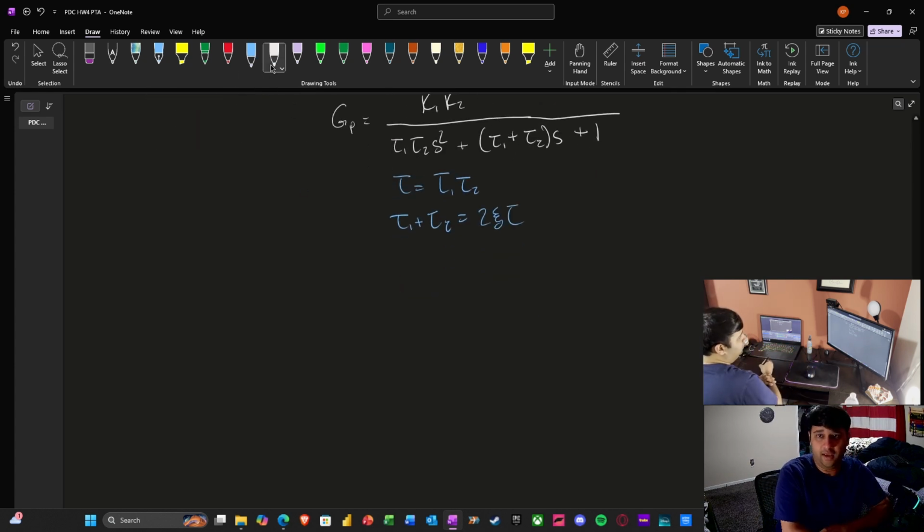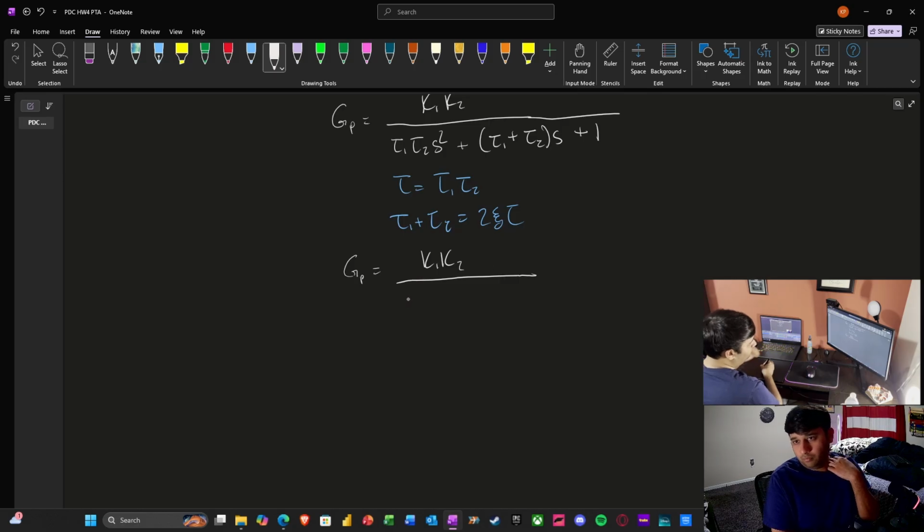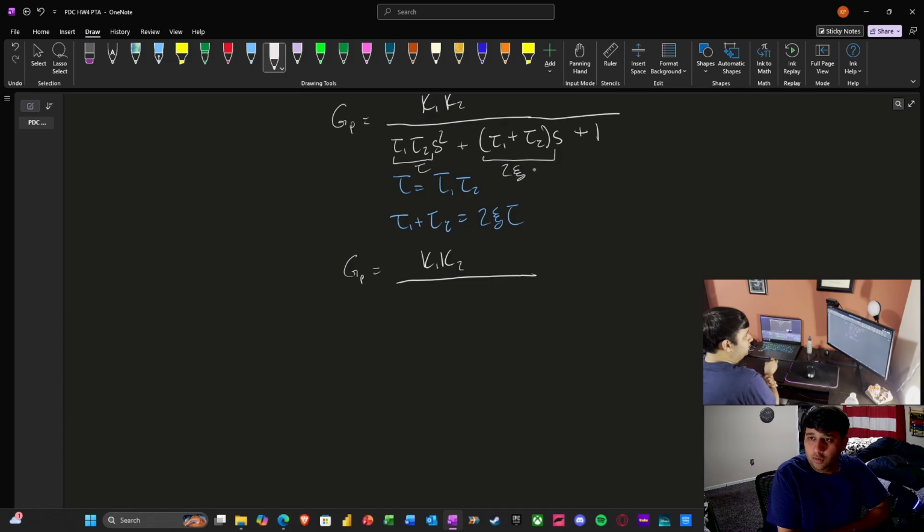So if we incorporate that, what we get is GP equals K1 times K2 over tau squared s squared plus 2 zeta tau s plus 1.